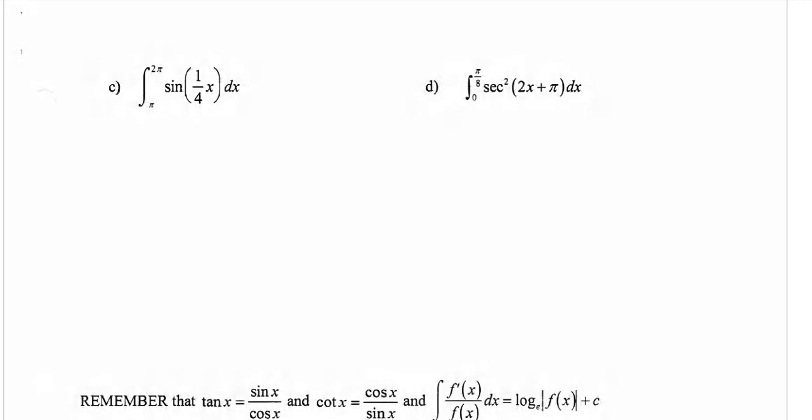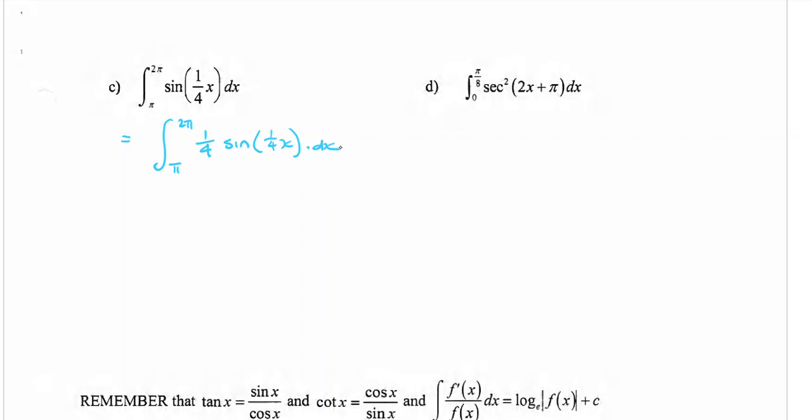Now, if we were looking at our formula, the formula says if this is my trig function, I need the derivative of this out the front. And the derivative of that would be a quarter. So if I do it according to the formula, I would rewrite my integral so that I have a quarter here, sine of a quarter x.